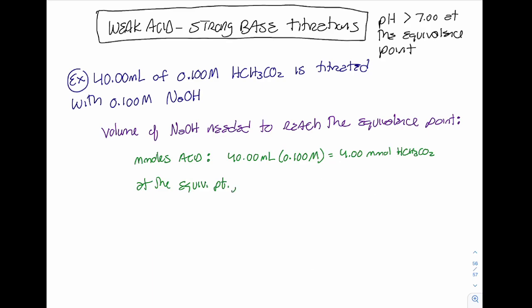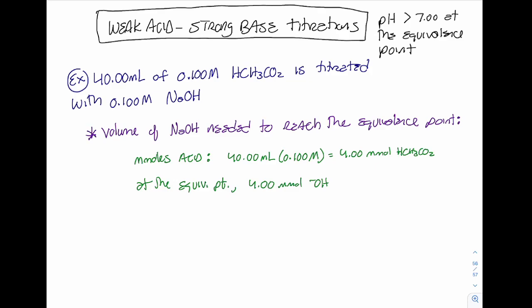So at the equivalence point, we're going to have 4.00 millimoles of my strong base. Again, I'm using sodium hydroxide. The sodium ions are going to be spectator ions. They're not going to be important here, so I'm just writing sodium hydroxide as hydroxide. Usually I use asterisks. Not sure why I switched it to a star.